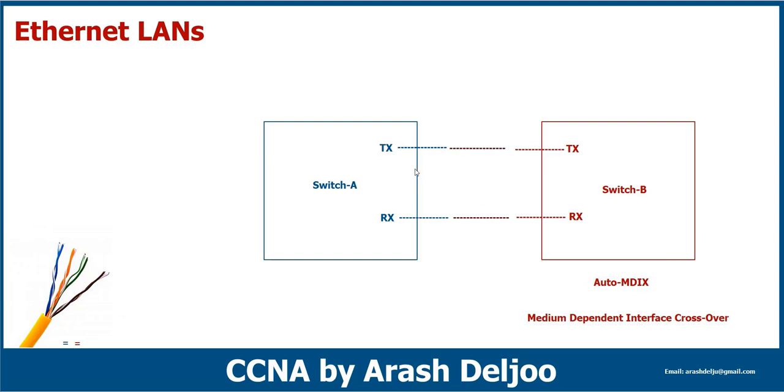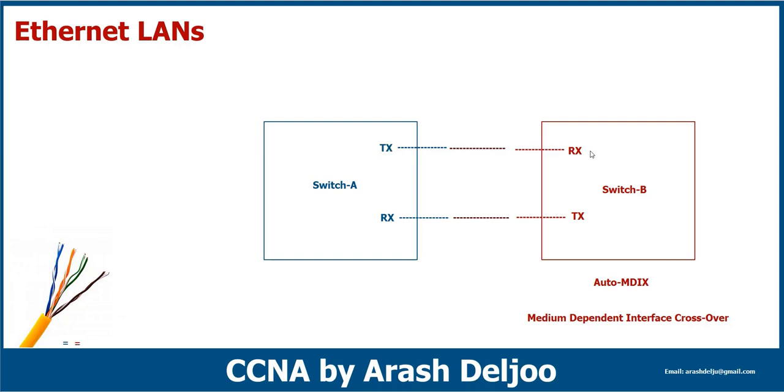For example, when you are using a straight through cable for connecting two switches to each other, switch B can understand that its TX interface is now connected to the TX interface of switch A. Because of that, switch B automatically changes its pinout. This means that switch B can understand that we are using a straight through cable, or that the TX interface is connected to the TX of the other device.